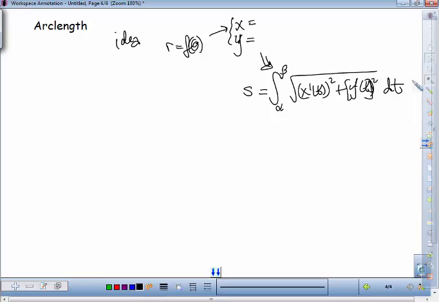So whether you look at this thing in t's or thetas, it still should work out the same way because, again, they're just dummy variables.